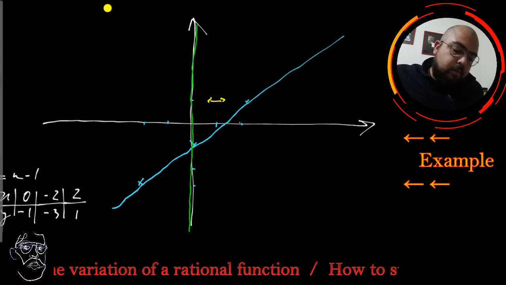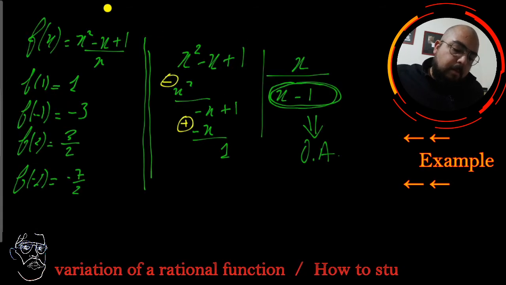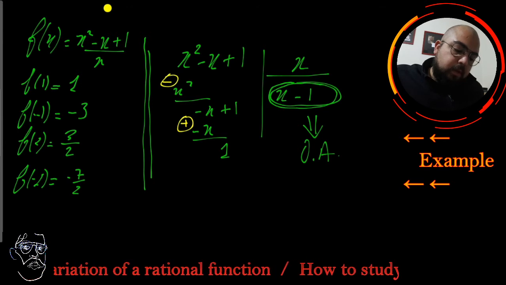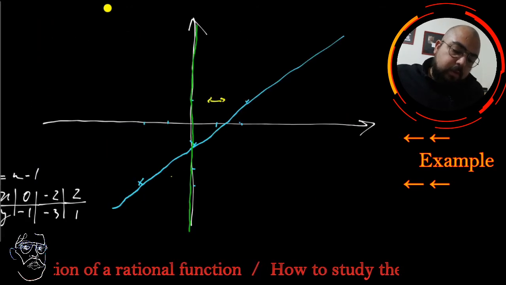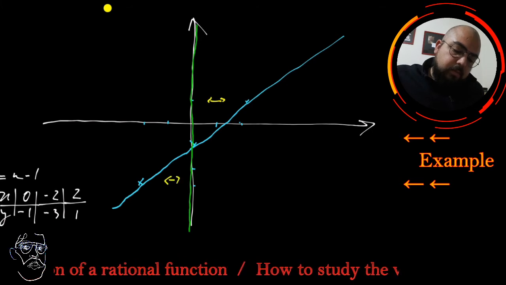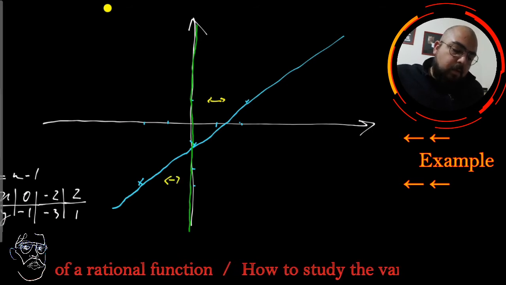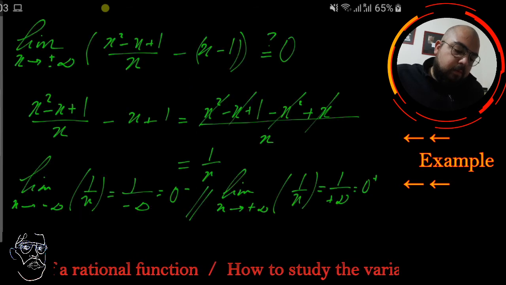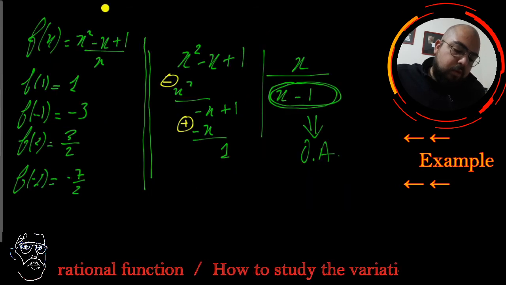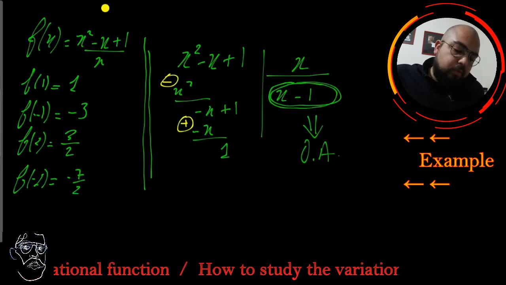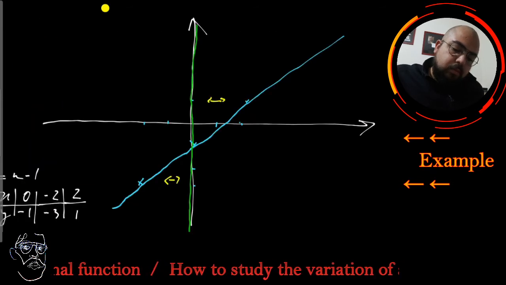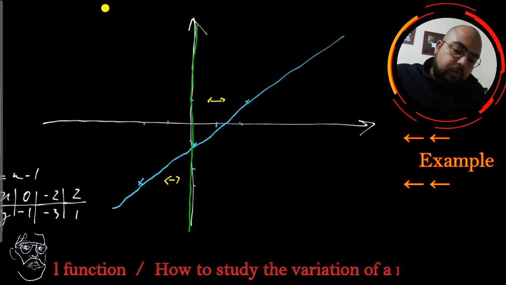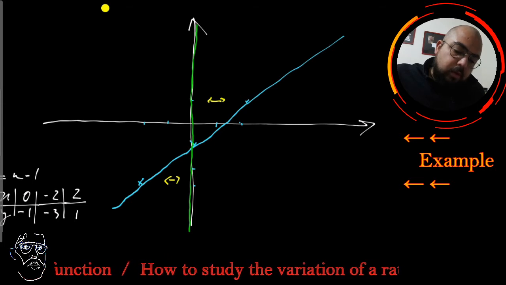F of minus 1 is minus 3, f of 2 is 3 over 2, so it's somewhere here.